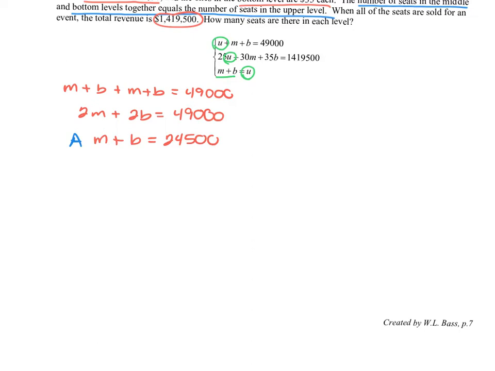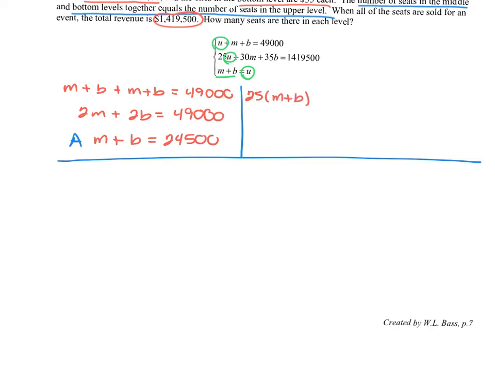Then I'm going to set up another equation here. I'm going to give ourselves a little bit of a line to help us keep track of some of our work. Then I'm going to do that substitution into my second equation. So when I do that, I'm going to have 25 times my m plus b, just subbing in, and then I still have all the rest of the original equation: 30m plus 35b equals 1,419,500.